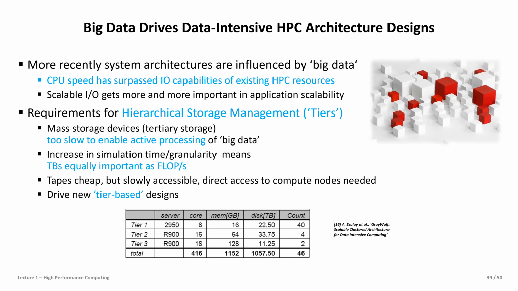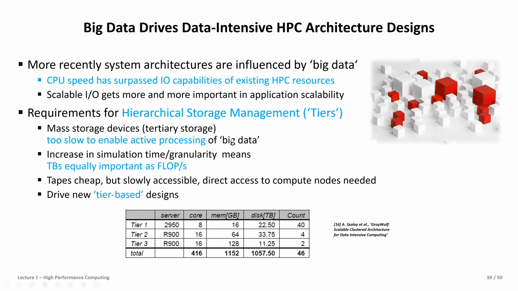However, big data drives HPC architecture designs toward more modularity. You have seen the data analytics module that we have, for instance, in one of these systems like DEEP, which is much more oriented towards working with large amounts of memory, for instance with a Spark cluster associated directly inside this HPC system. Here people have built different tiers, where each tier has different responsibilities in terms of memory, disk space, and so on.